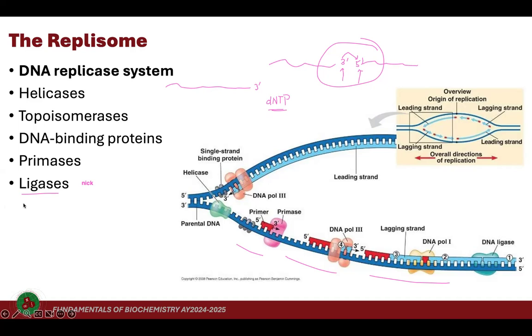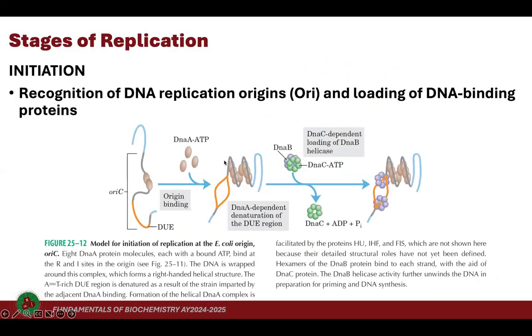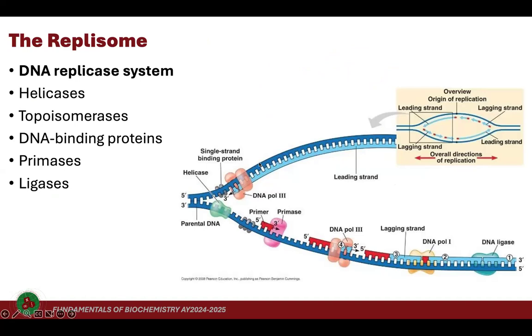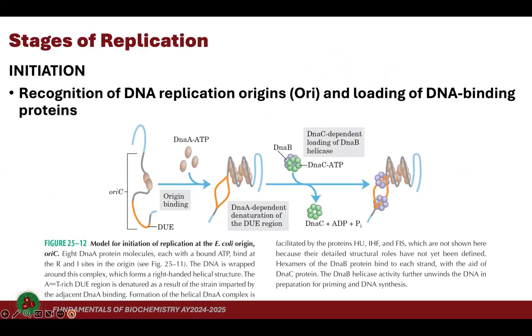Okay? So you also need DNA ligases during DNA replication. And now we didn't miss anything, right? So we have the helicase, topoisomerase, primases, ligase. Okay. We now go to the steps or stages of replication.